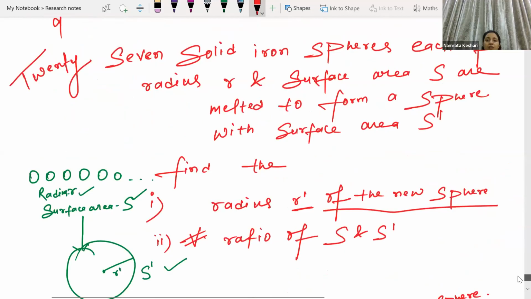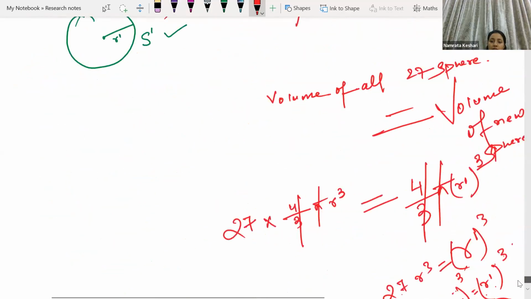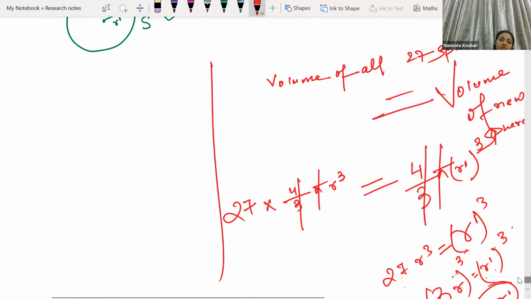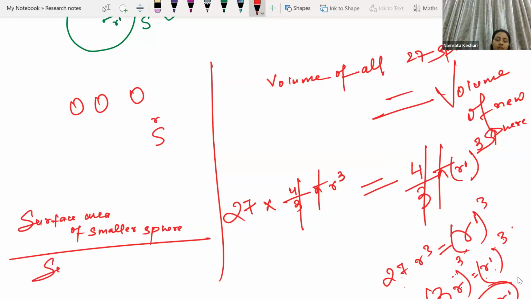We had 27 solid spheres, each of radius R and surface area S, and we have to find the ratio between S and S dash, that is, the surface area of the smaller sphere over the surface area of the big sphere.